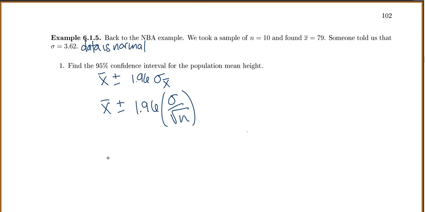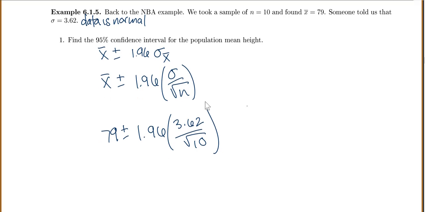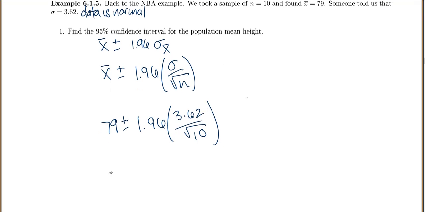So x bar was 79 plus or minus 1.96. Our standard deviation is 3.62 over the square root of n, so square root of 10. I think we actually already calculated that up above, but I forgot what it was. So we have 79 plus or minus 2.24.